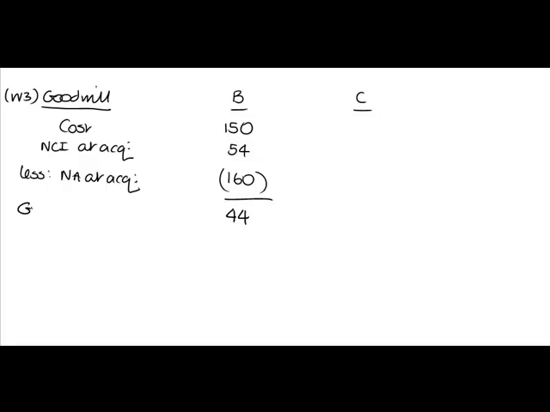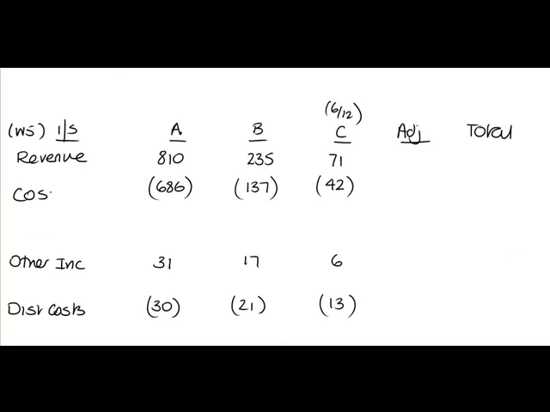So goodwill for Bockham is 44. It then says Ashanti sold 10% of Bockham to the NCI. So this is going to be a new working.